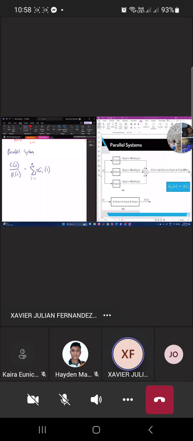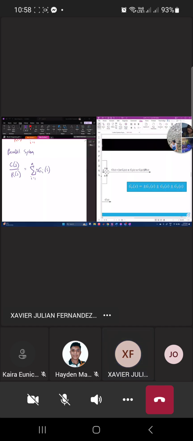Okay? Let's see. So the equivalent transfer function is kini. So plus minus na siya, kay arbitrary man ang signs sa summing junction. So this is the open loop system or block diagram.